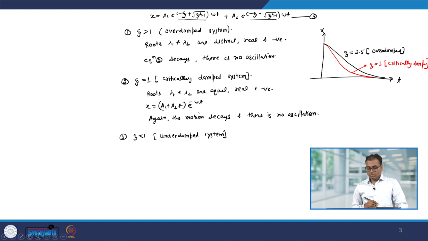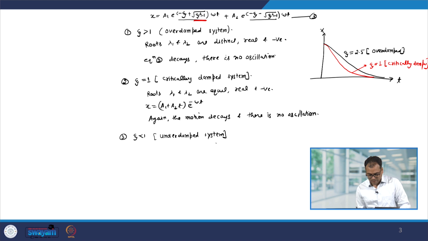Okay. So, in this case, because zeta is smaller than 1, therefore, zeta square minus 1 will be negative and therefore, its square root is going to be imaginary. Therefore, lambda 1 and lambda 2, they become complex.